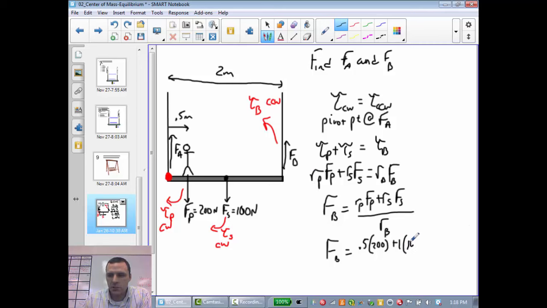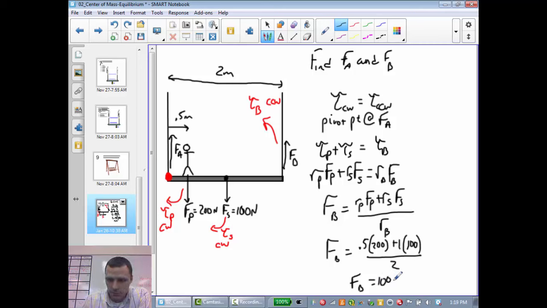And FS is 100 newtons, divided by RB, how far it is from the pivot point to the wire on the other side. That's 2. Let's see what we get for force B. I believe it's 100 plus 100, divided by 2. It's just 100. So that's 100 newtons.